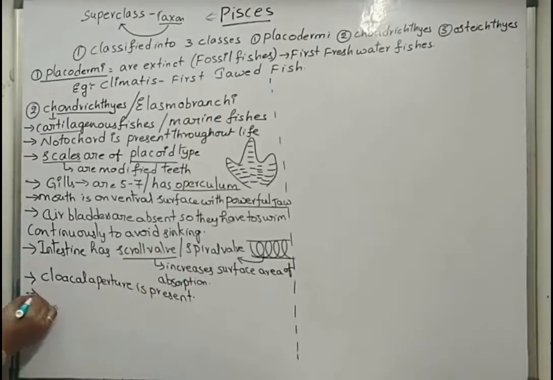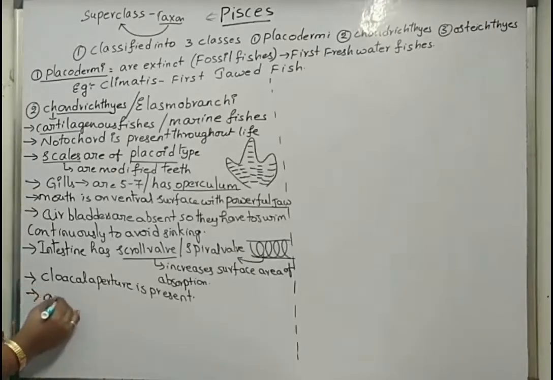Next, they have special structures on the dorsal side of the head called ampulla of Lorenzini. What is the use of this? It is considered an electroreceptor organ.